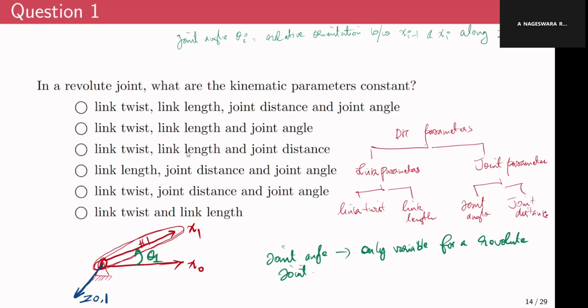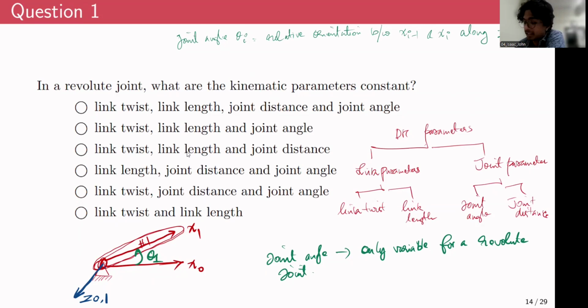So if your zi is z1, the relative orientation between x0 and x1 is measured along z1, which is theta1. And for a revolute joint, that is the only parameter that is going to change.